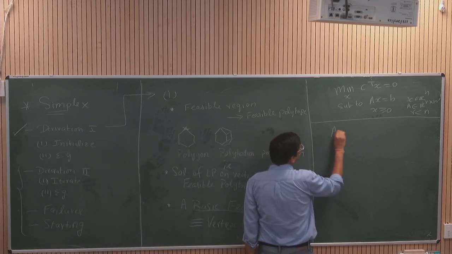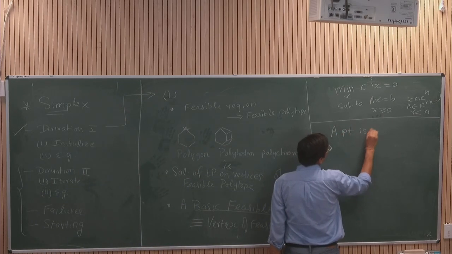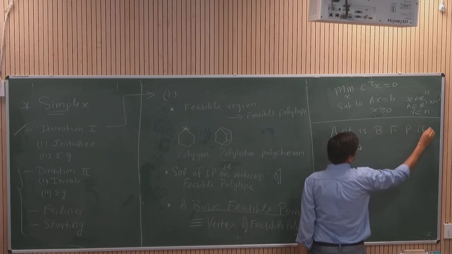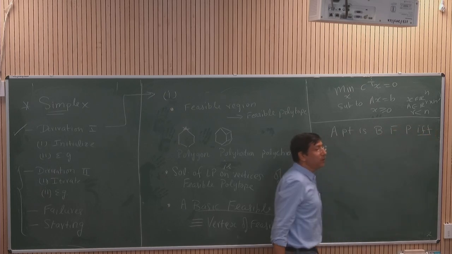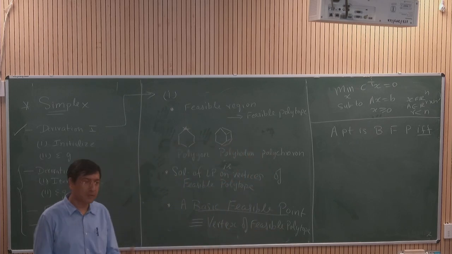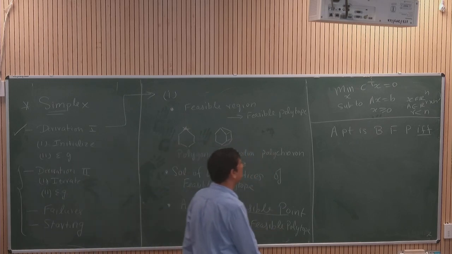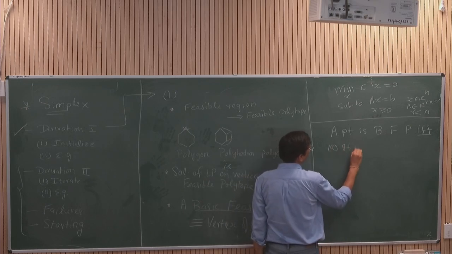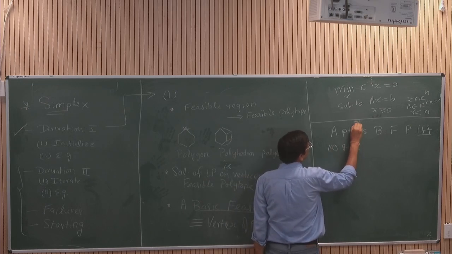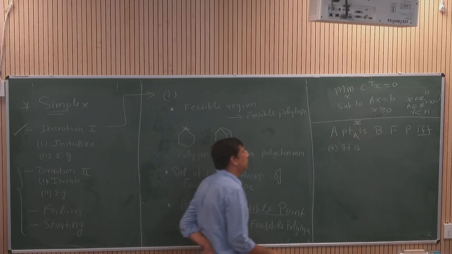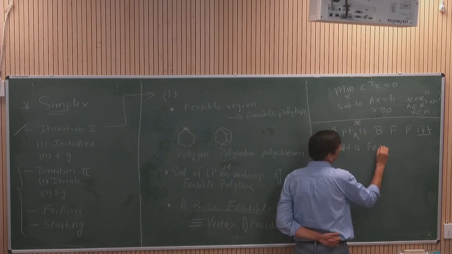So we say a point is a basic feasible point if, well, it's an if and only if, because definitions by nature are bidirectional. If you satisfy this or satisfy that, it's a definition. If, first of all, it is feasible, so we'll say a point x is a basic feasible point if and only if it is feasible.